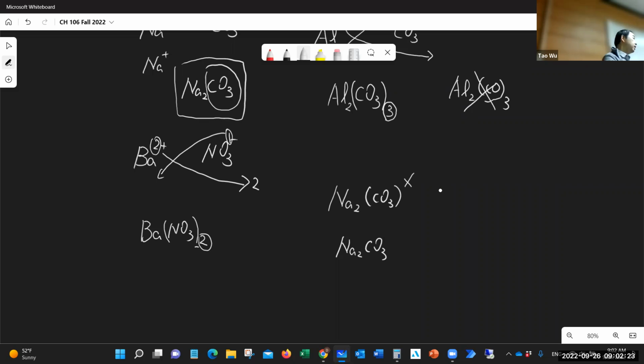And again, the reason is because when this symbol developed, people were using handwriting. In other words, if some scientist has really bad handwriting and does not write the parenthesis, other people probably cannot tell what formula they wrote. So if you have the polyatomic ion, you have to have the parenthesis to cover the whole polyatomic ion.